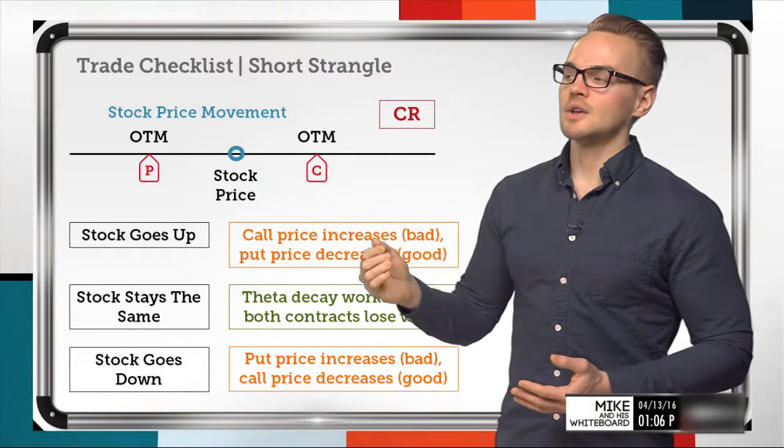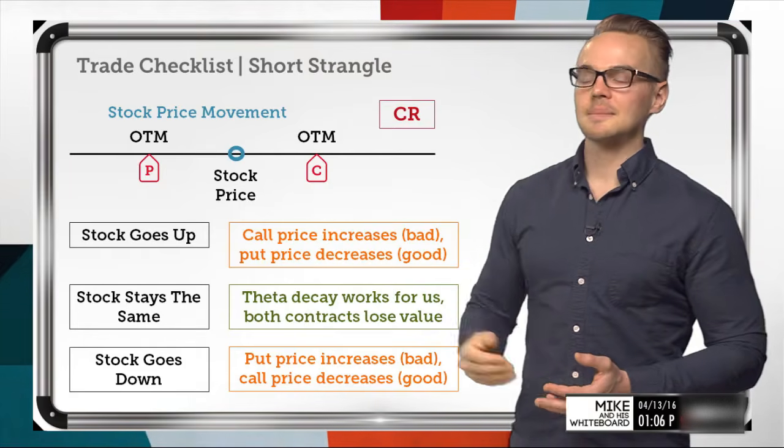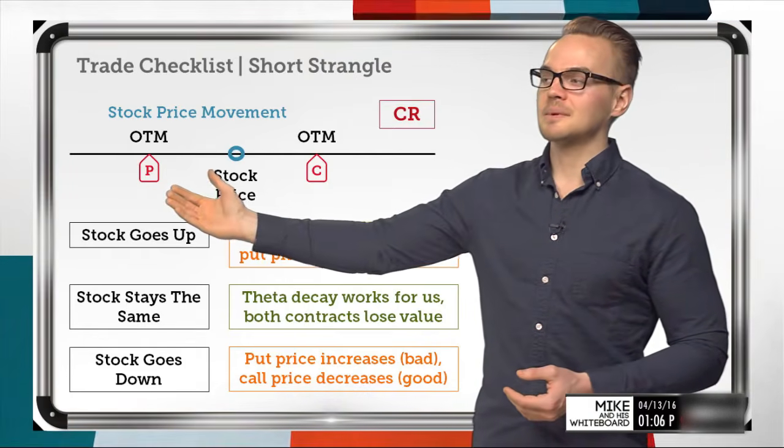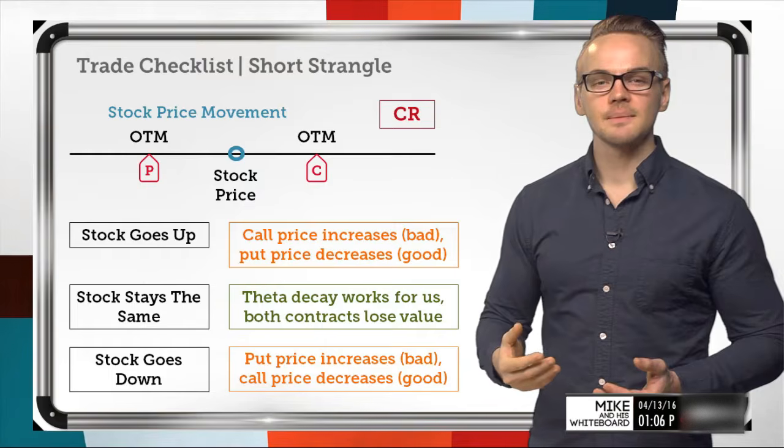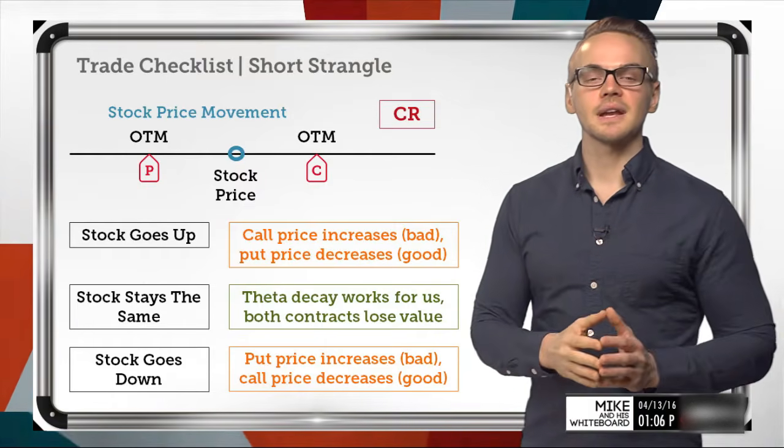So the big takeaway for this is that if the stock price moves up just a little bit, you will definitely see the call option losing, and you'll probably see the put option in a winning position. But the key is to look at this trade as a whole.